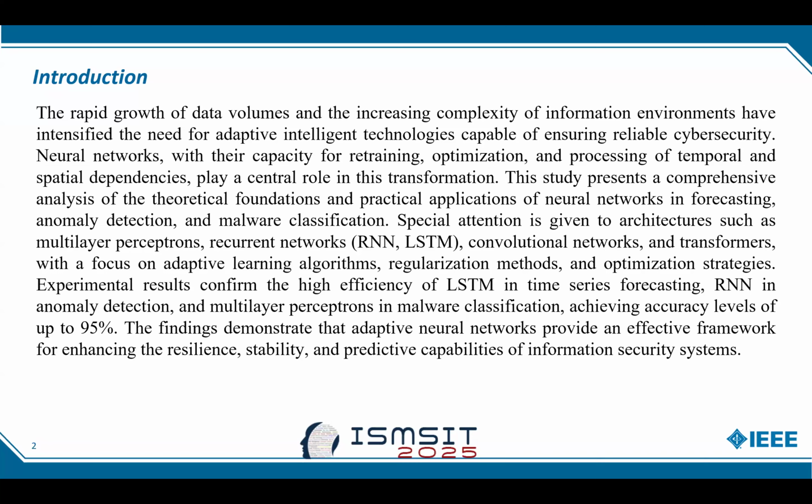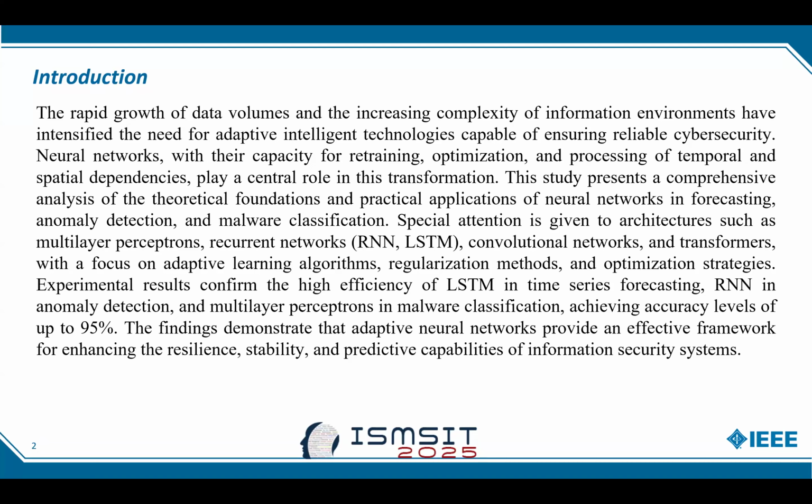In this study, we analyzed both theoretical foundations and practical applications of neural networks in forecasting, anomaly detection, and malware classification. We focused on architectures such as multi-layer perceptrons, recurrent networks, including RNN and LSTM, transformers, and explored adaptive learning algorithms, regularization methods, and optimization strategies.